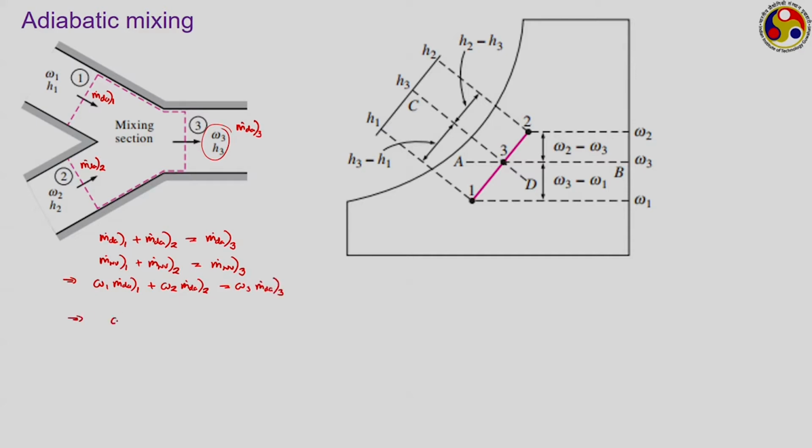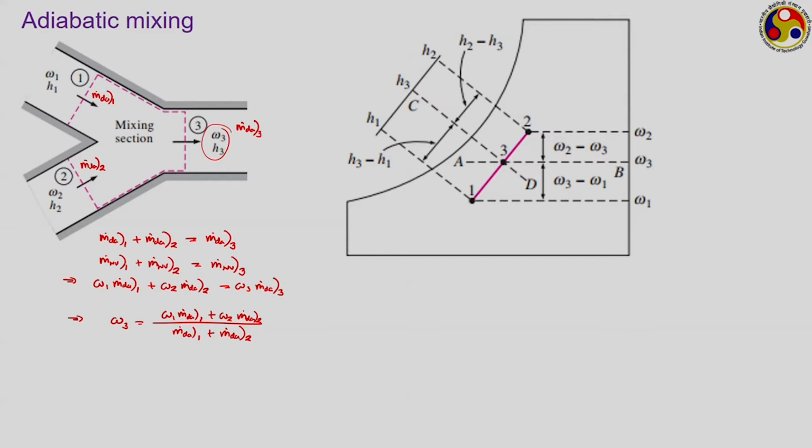From here we can get the specific humidity for the final mixture to be equal to omega 1 into m dot dry air for 1 plus omega 2 into m dot dry air for 2, divided by m dot dry air for 3, that is m dot dry air for 1 plus m dot dry air for 2. This is the specific humidity for the final mixture.